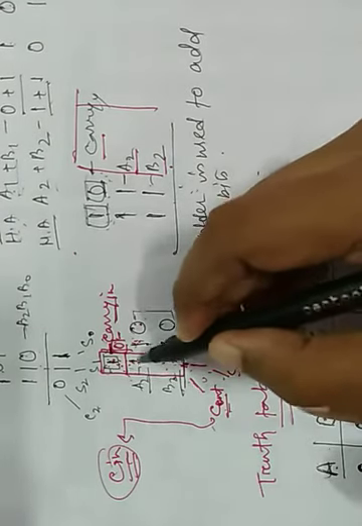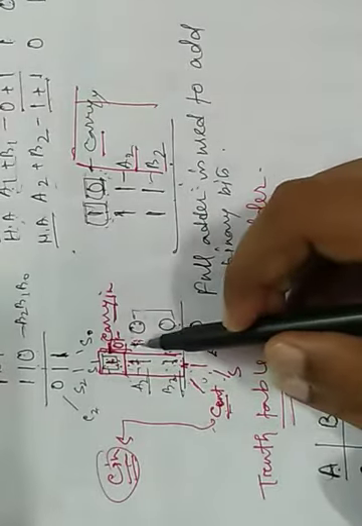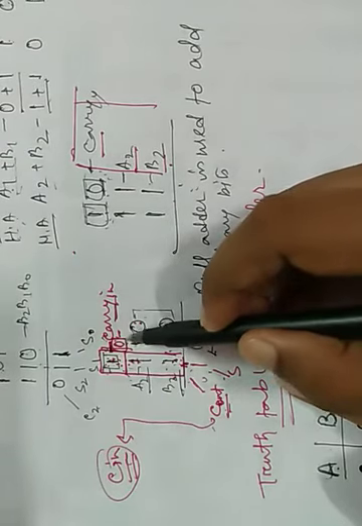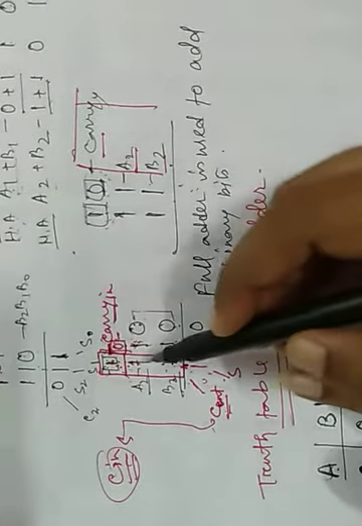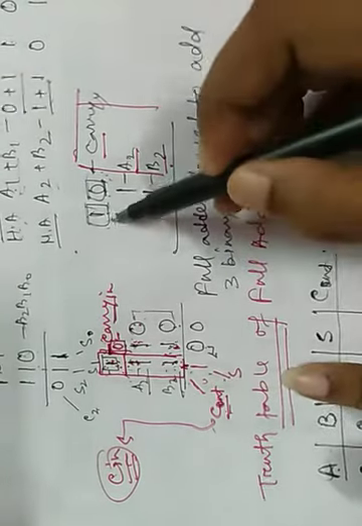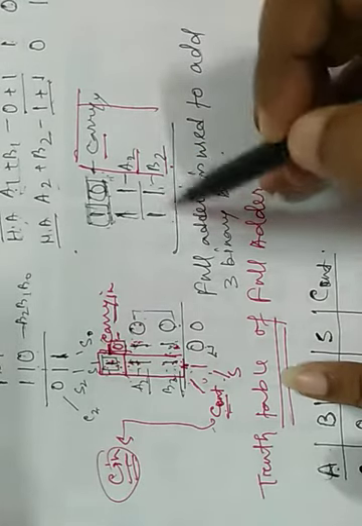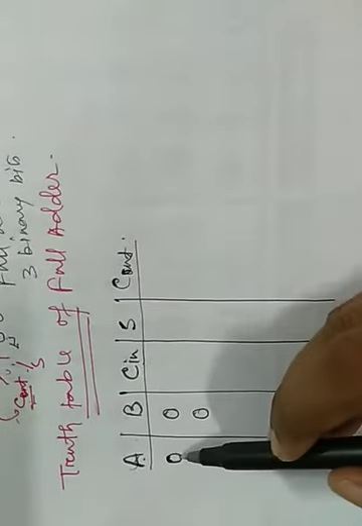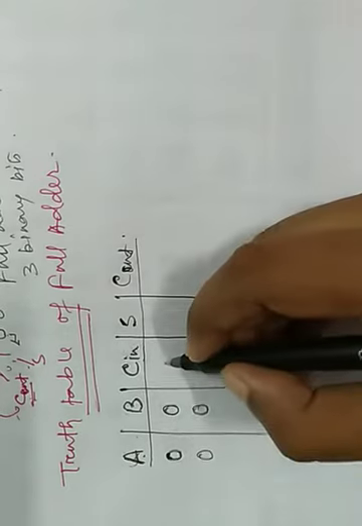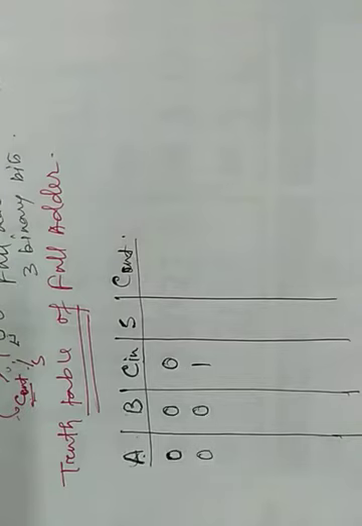Here also, whenever we add 2 ones, carry in may be 0, or maybe the carry is 1. So there are always 2 possibilities. Whenever we add 2 same bits, maybe carry is 0, maybe carry is 1. So we have to check for both combinations. So if both the inputs are 0 0, carry may be 0, carry may be 1. Clear?